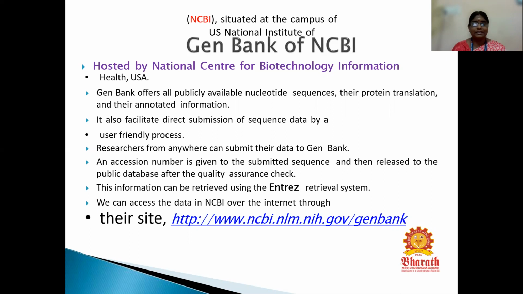When compared to other databases, NCBI is a very important one where we can retrieve a large amount of data, because it is publicly available. It provides all nucleotide sequences, protein translations, transcription information, and the annotated information.